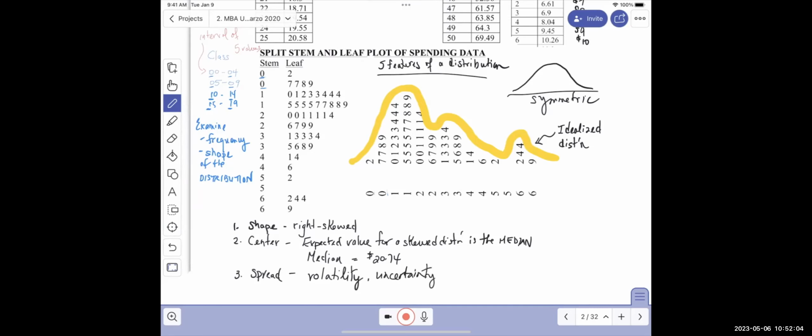So spread captures volatility, uncertainty. There are some of the terms that describe the spread of this distribution.